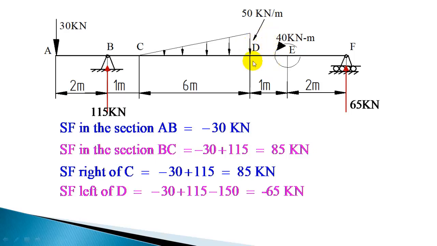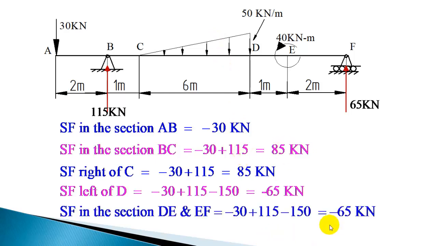So for the section DE also, the shear force is minus 30 plus 115 minus 150. So for section DE you have minus 65. Even for section EF the same shear force is acting, so there is no addition of load. So for sections DE and EF the same shear force is acting, minus 65 kilonewton.